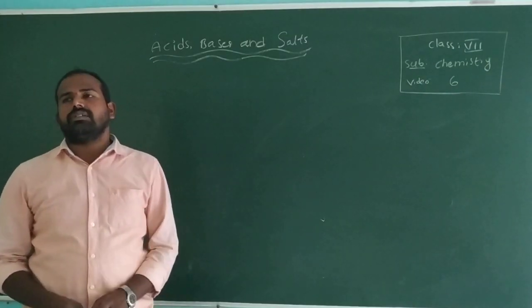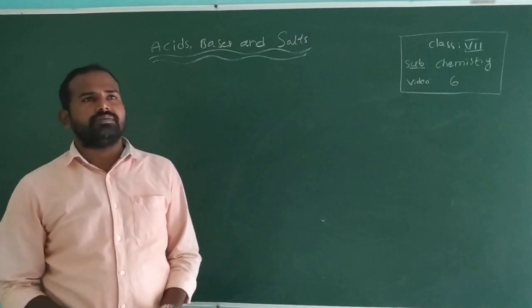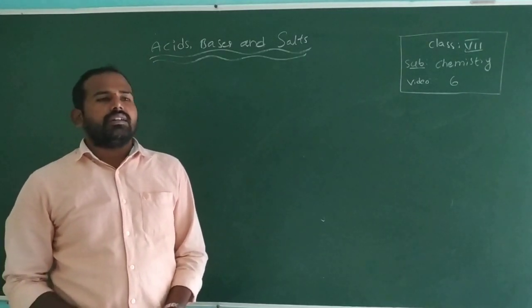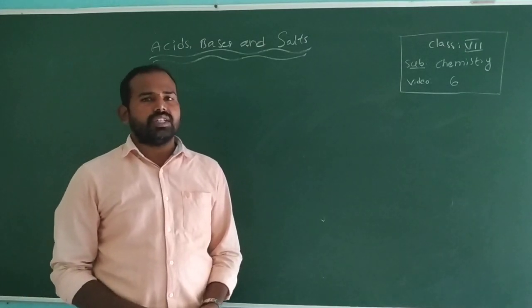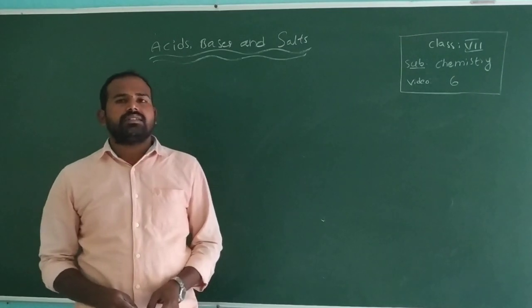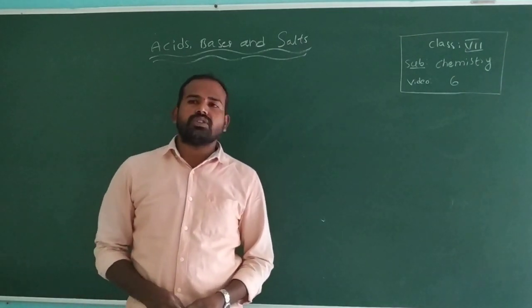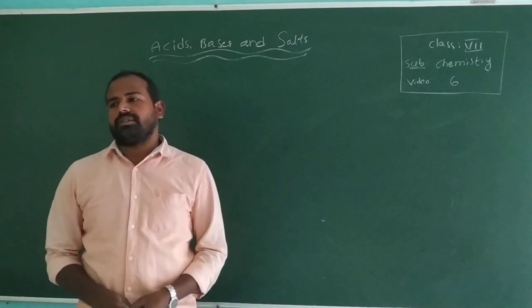In the previous video we discussed the litmus paper test. Acidic substances change blue litmus paper into red color, whereas basic substances change red litmus into blue color.